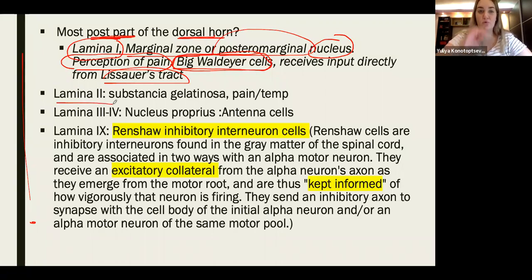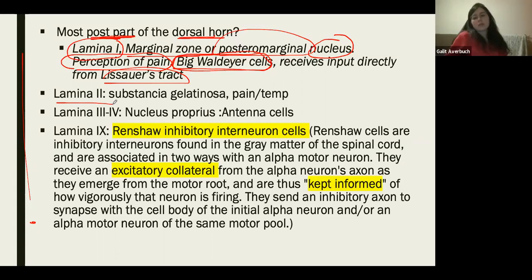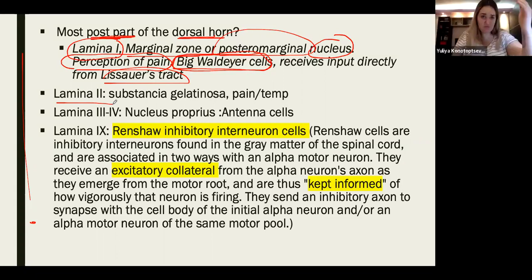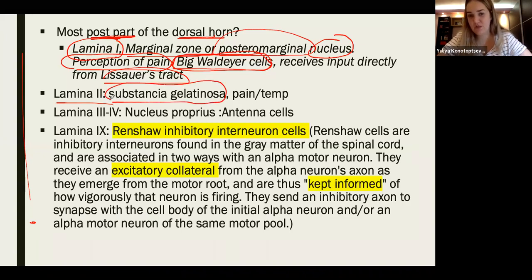Lamina number 2, where is it located? Ventral or dorsal horn? Dorsal, because it is right under lamina number 1, so of course it's going to be in the dorsal horn. In lamina number 2, we have substantia gelatinosa. That's a substance which is present there.